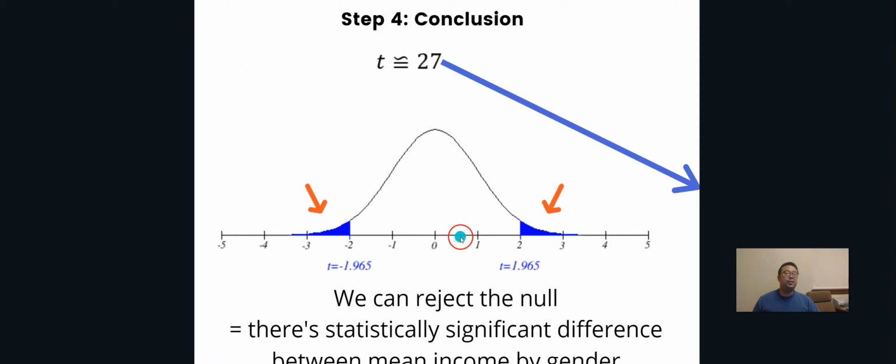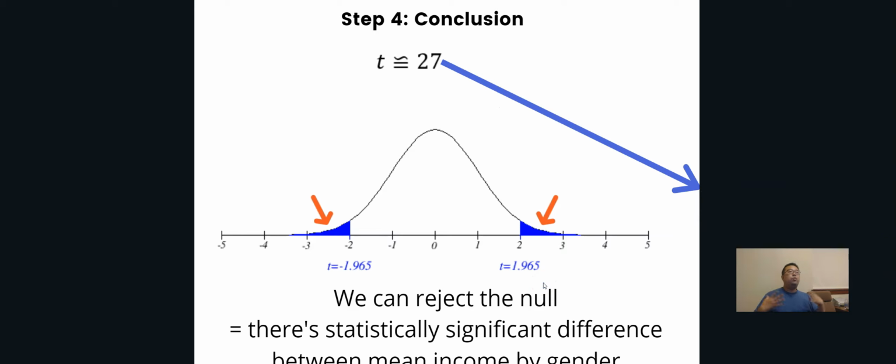So in the previous step, positive and negative 1.965, those were t-critical. And our t-statistic is inside of those shaded two tails. So 27 is far larger than 1.965.